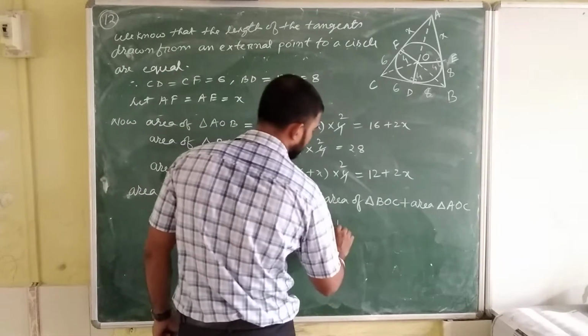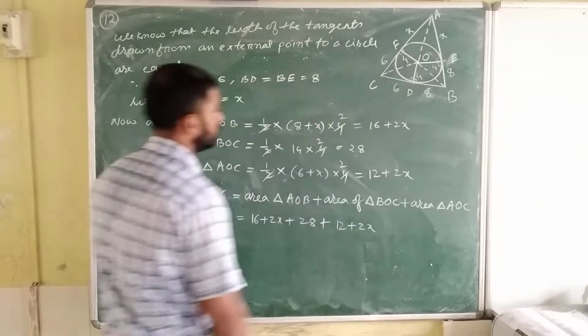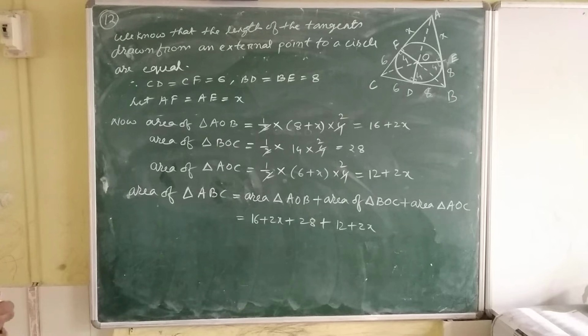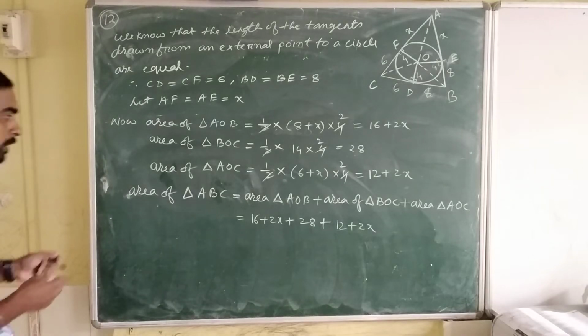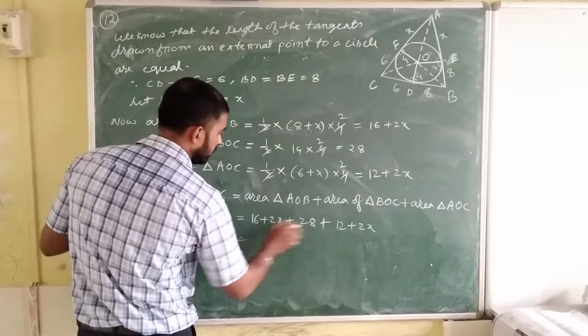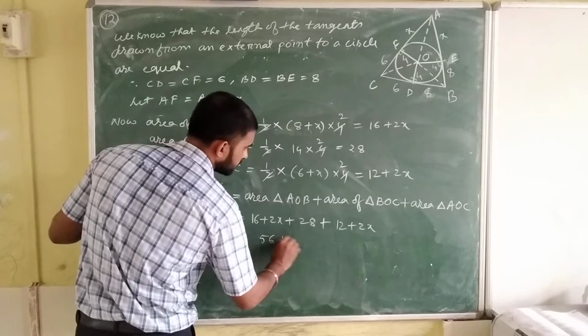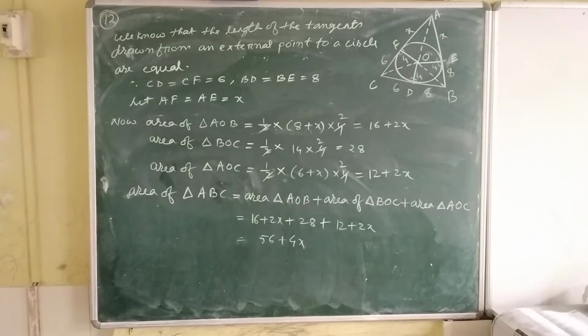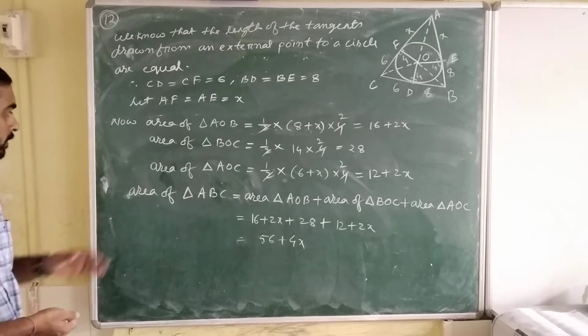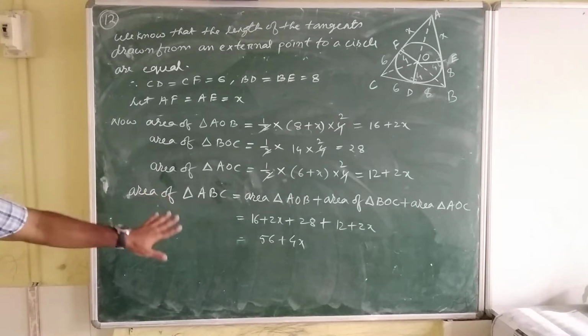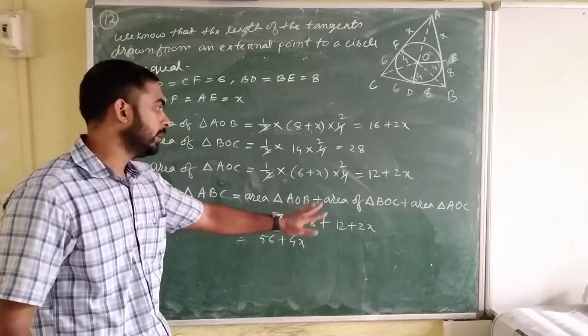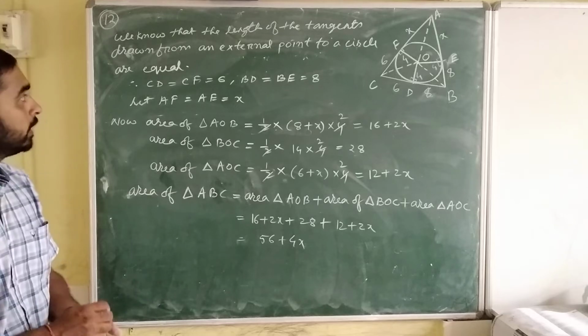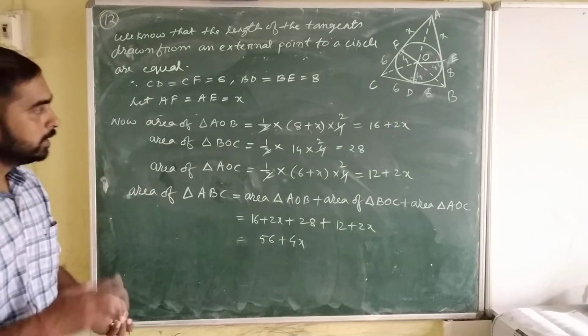What is AOC? 12 plus twice X. Equal 40, 56 plus 4x. So this is the area of triangle ABC, by adding area of triangle AOB, area of BOC, and area of triangle AOC.